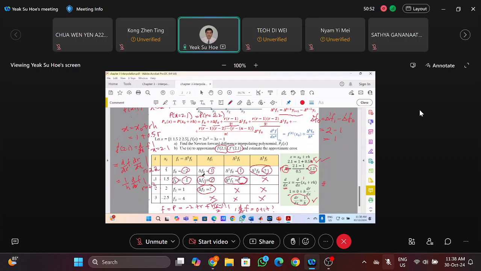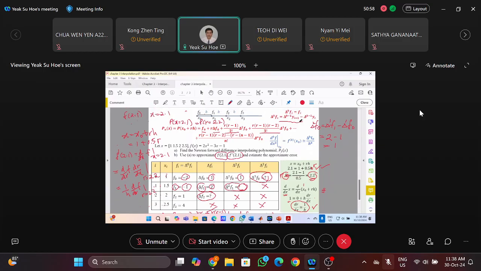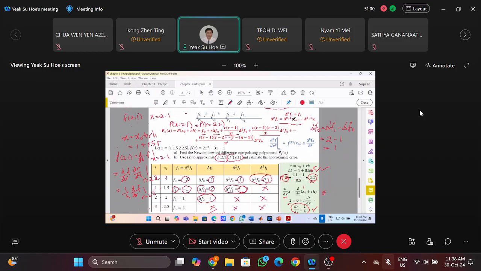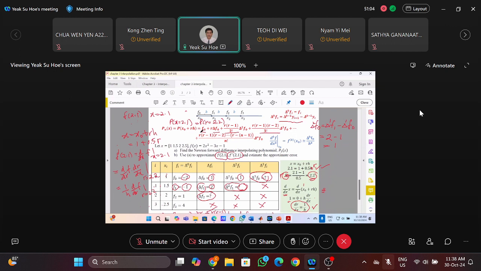Then you calculate the delta, power 1, power 2, power 3, based on this formula. Once you get this, your polynomial is this: r multiplied by r minus 1 over 2 factorial, r minus 1, r minus 2 over 3 factorial. So this one is quadratic.